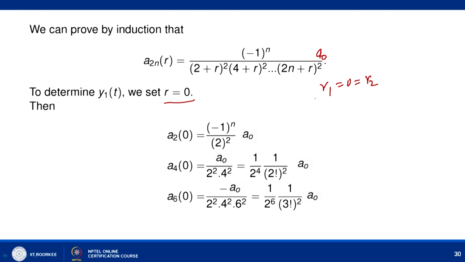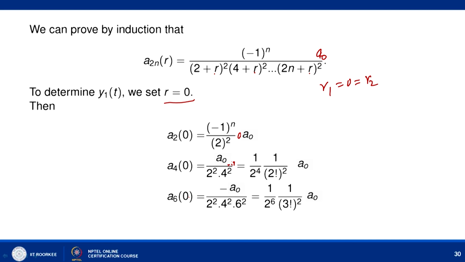So to find one solution, we can put r equal to 0, and all these terms will simply vanish. So it is 2 square, 4 square and so on. So a2n(0) is going to be 2 square, 4 square up to (2n) whole square. We can write a2 as minus 1 upon 2 square a0, and a4(0) as 1 upon 2 square 4 square a0, and so on.